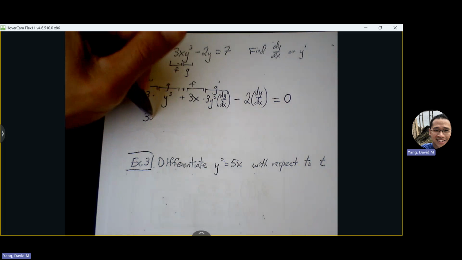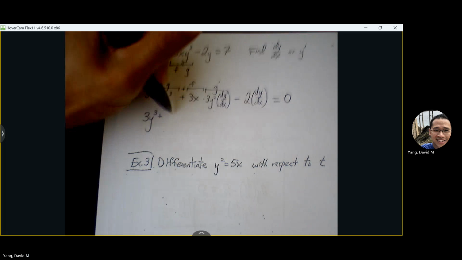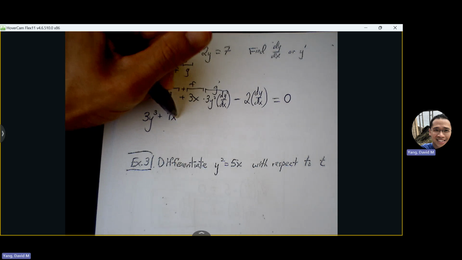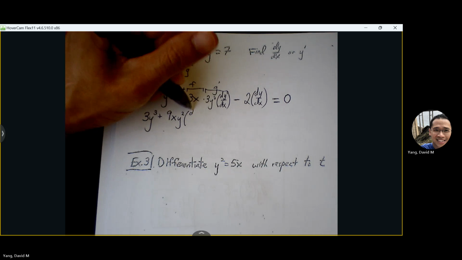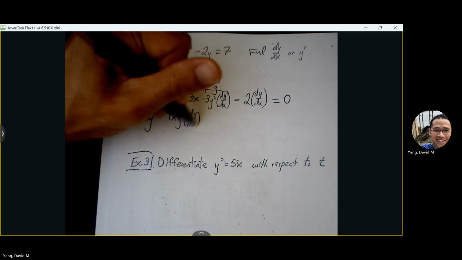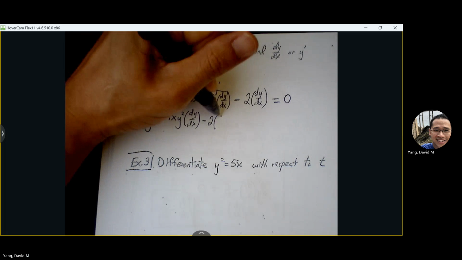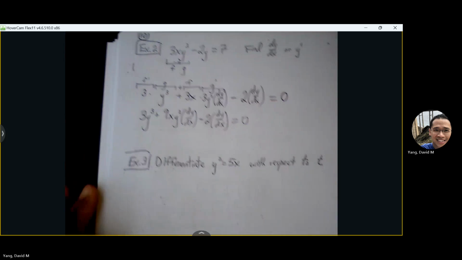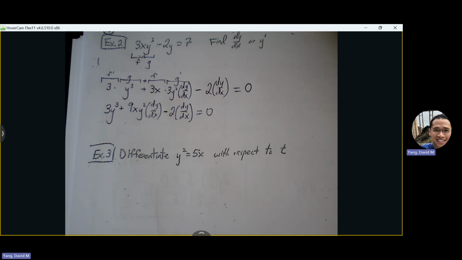So I'm going to clean up first before I move things around. So I just want the dy dx terms on the left side. So I'm going to subtract the 3y cubed over.